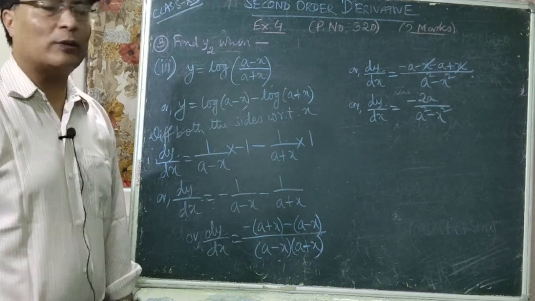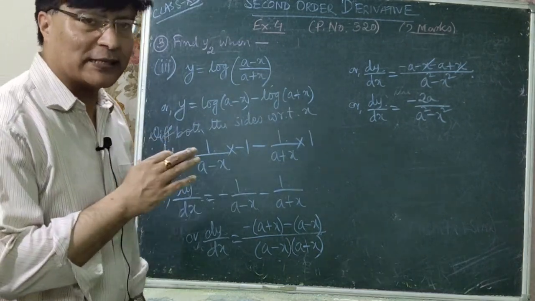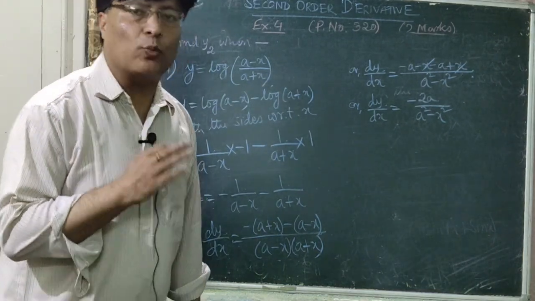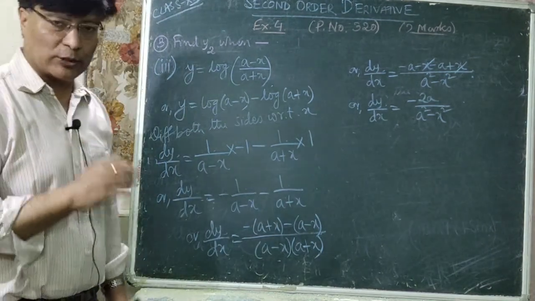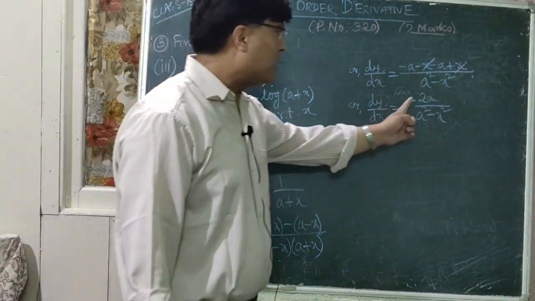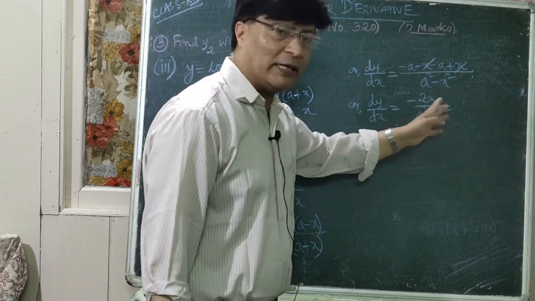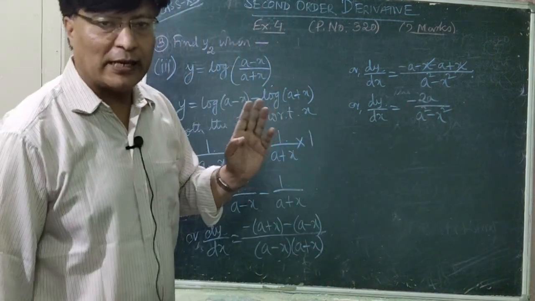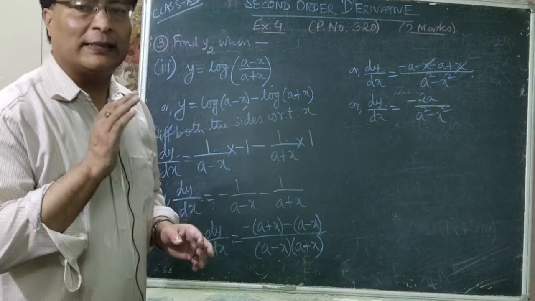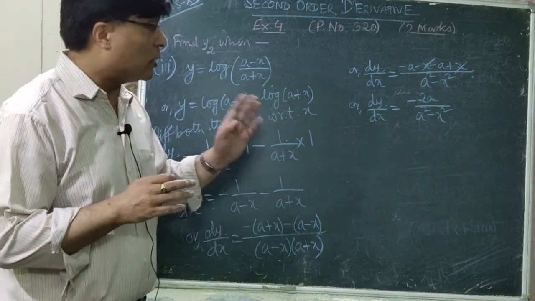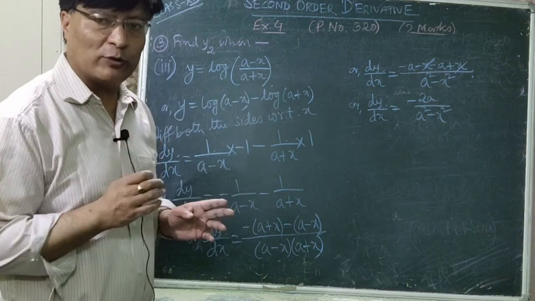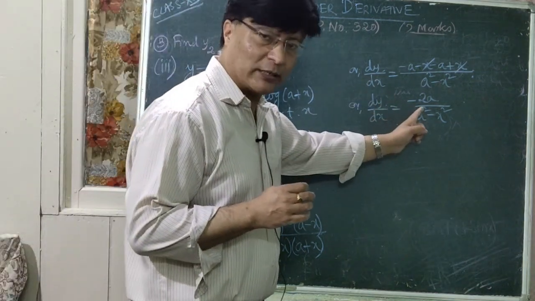So next, what will you do? Now in this case, again you have to differentiate it to get y2 or d2y by dx square. But since minus 2a is constant, which is the numerator, only the variable here is in the denominator. That is, a square minus x square is the variable that is in the denominator. So in this case, you don't have to use u by v rule, as numerator is constant.